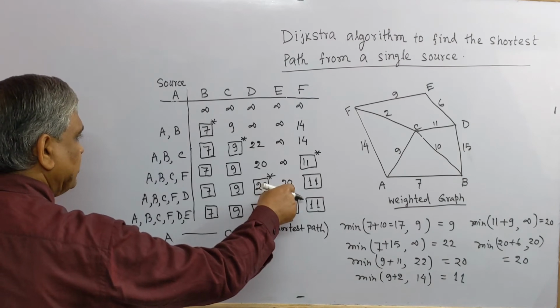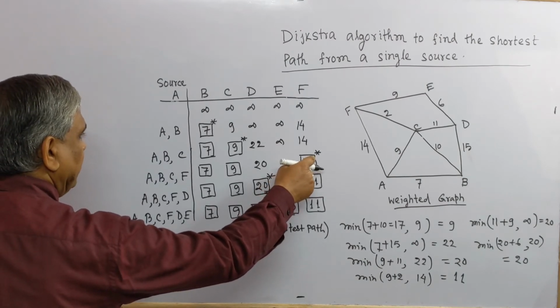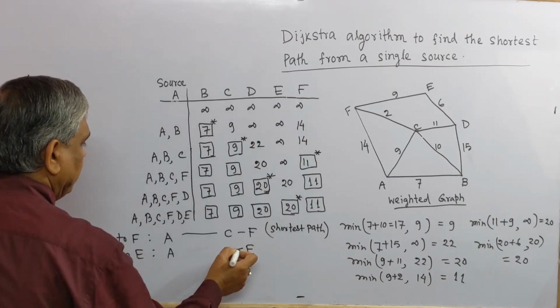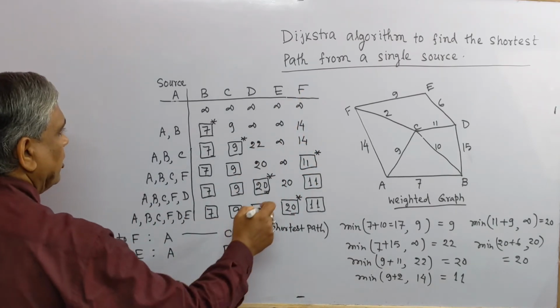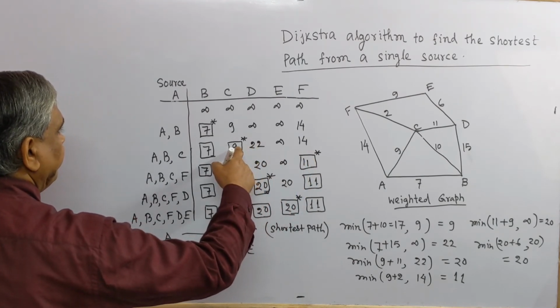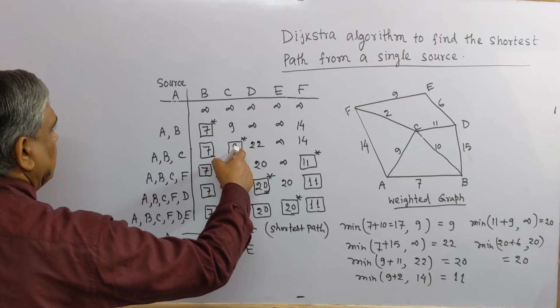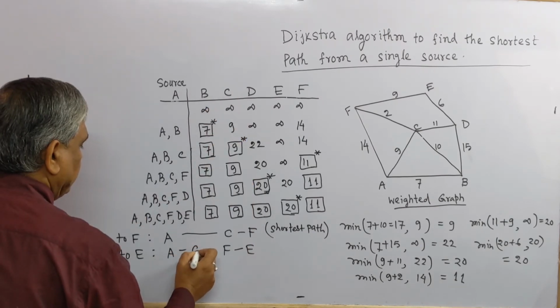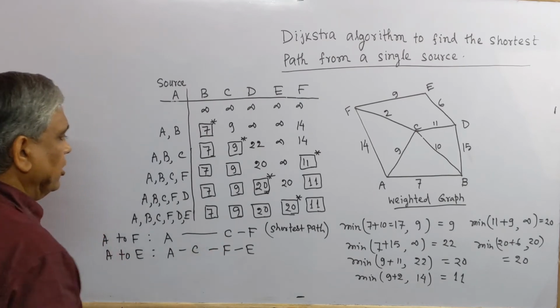This 20 comes from this 11. This 11 is F, so we write F here. And this 11 comes from C. So the path is A to C to F to E.